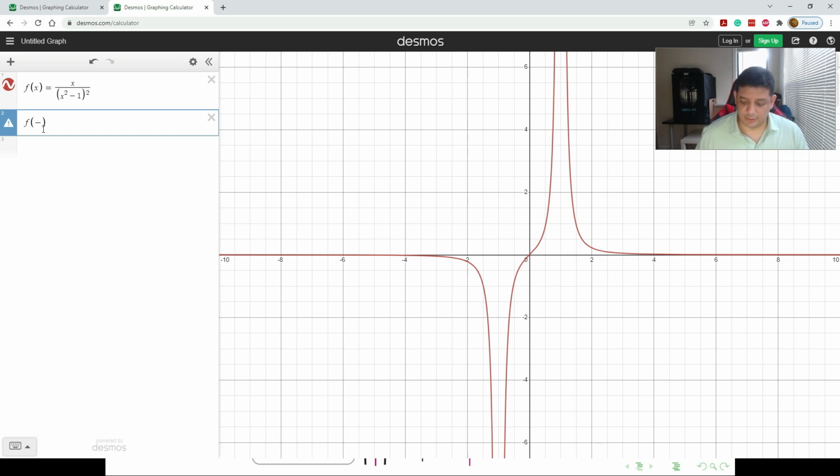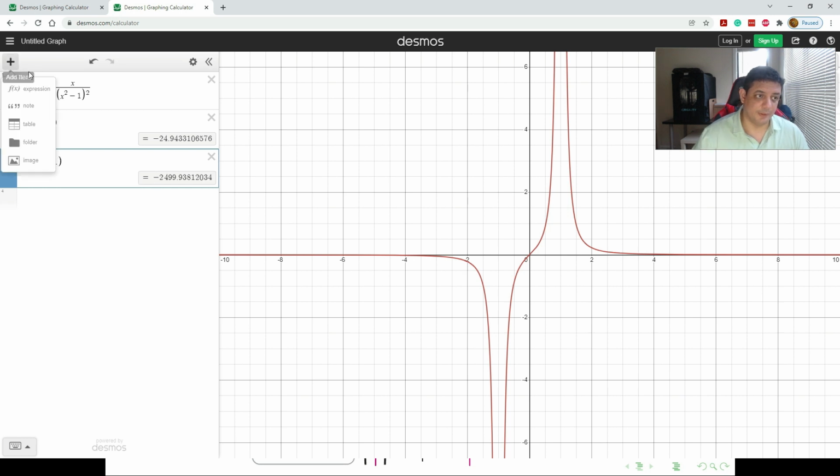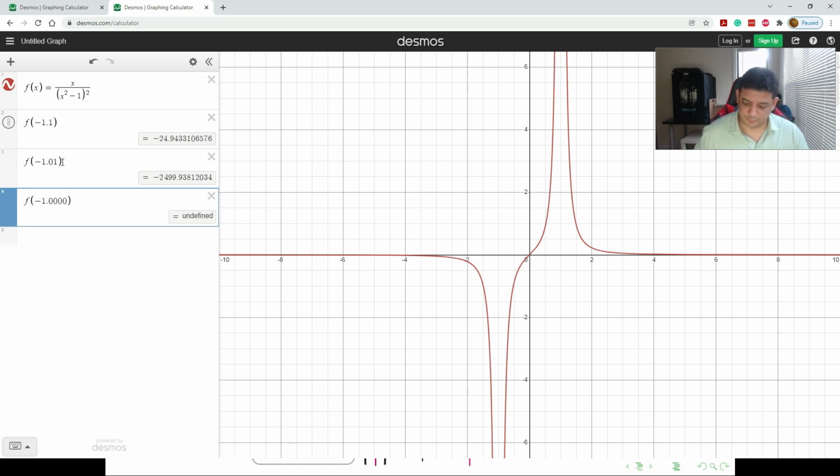I'm going to do minus 1.1, and minus 1.01, and minus 1.0001.